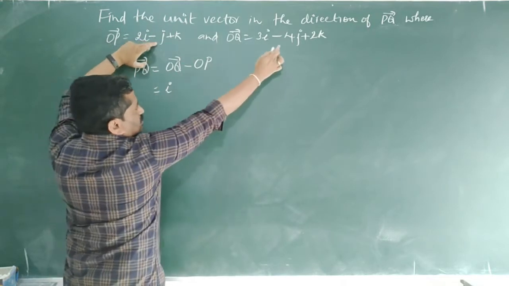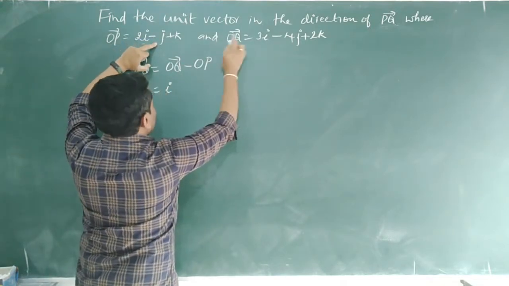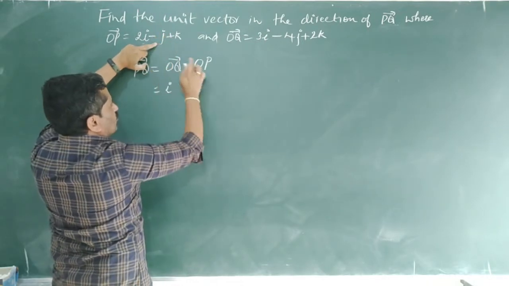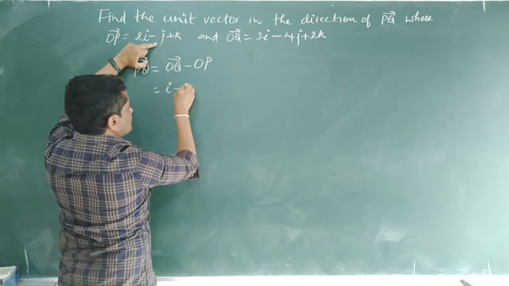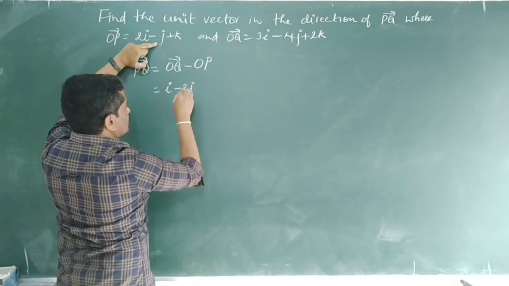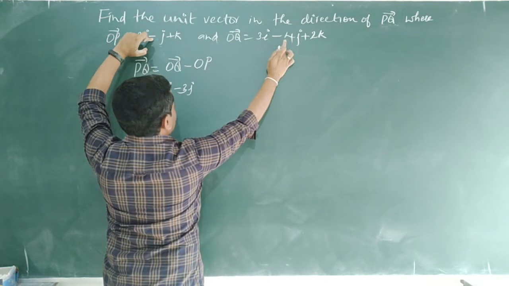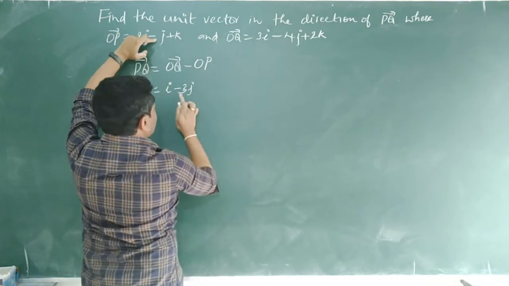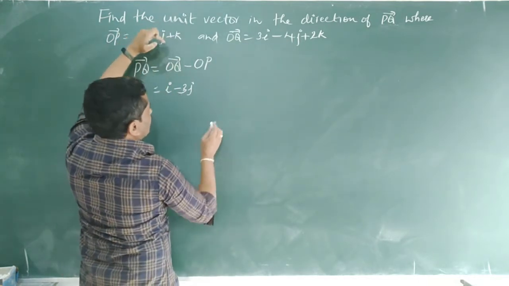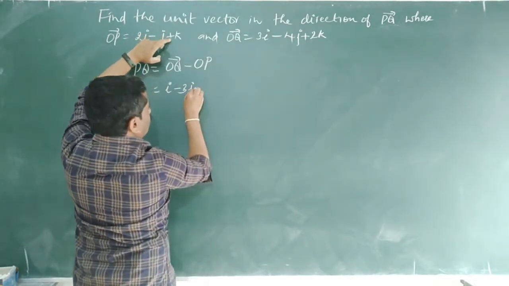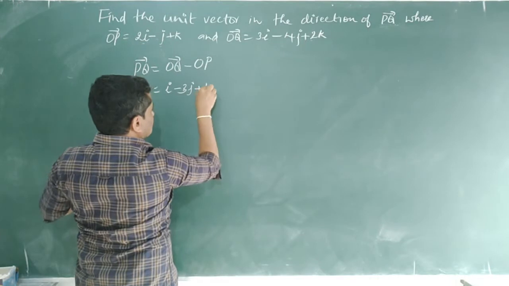Again 1 minus 4, here we have minus 4 minus of minus becomes plus, minus 4 plus 1 we have minus 3j. Again 2 minus 1 we have 1k, that is plus k.